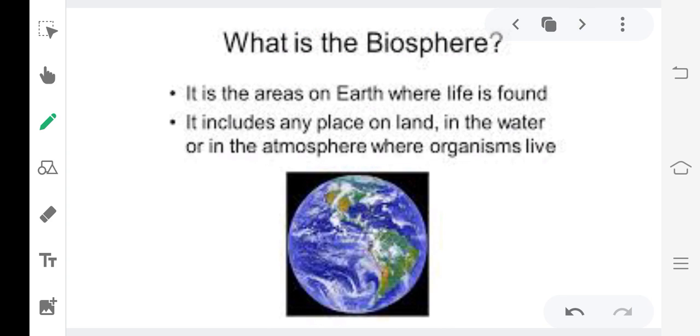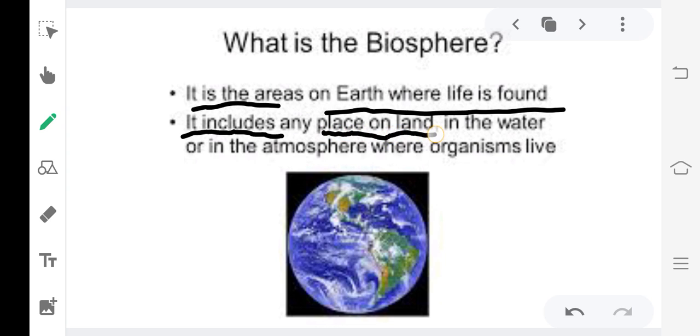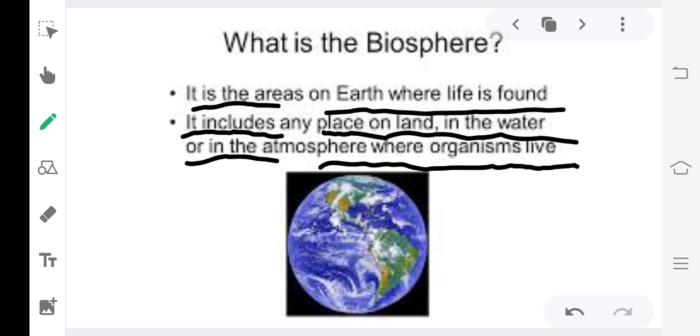Next, what is biosphere? Simplified, we can say the world of living organisms together is called biosphere. It is the areas on earth where life is found. It includes any place on land, in the water, or in the atmosphere where organisms live.